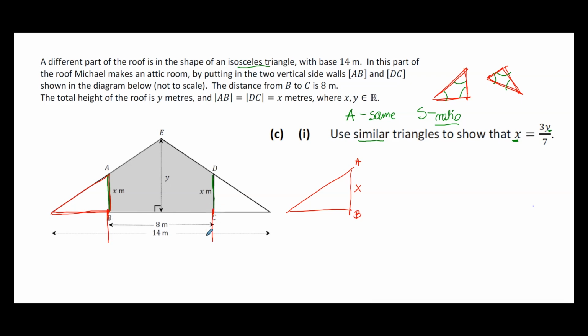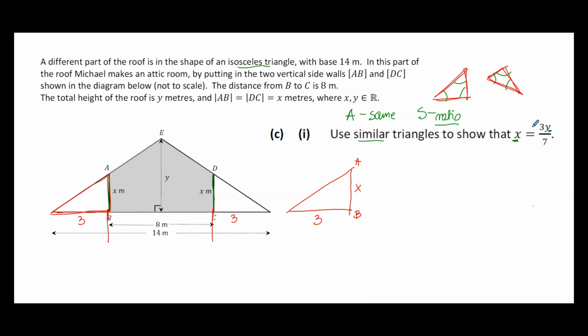So that means if out of 14 I cut out 8, I am left with how much? With 6. Very good. I am left with 6, and that 6 is equally divided between those two parts. So that will be 3 and that will be 3. So I know that this side is 3. I don't know this length. So I have a triangle with x.